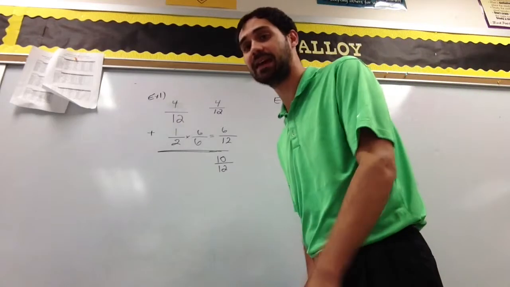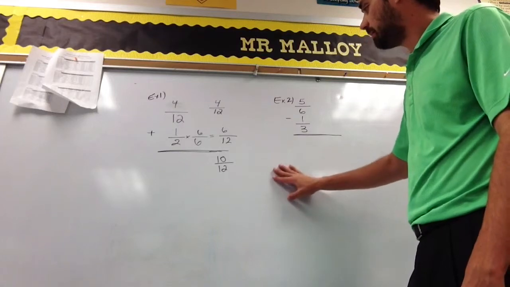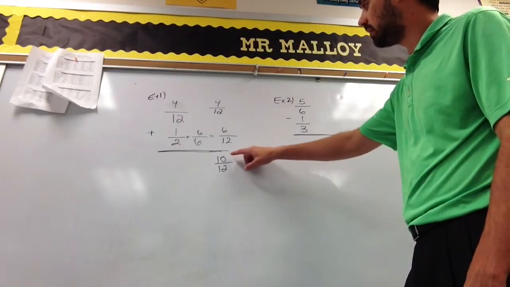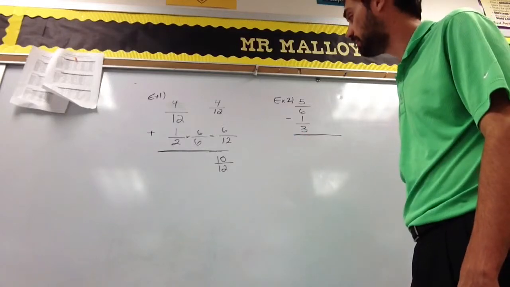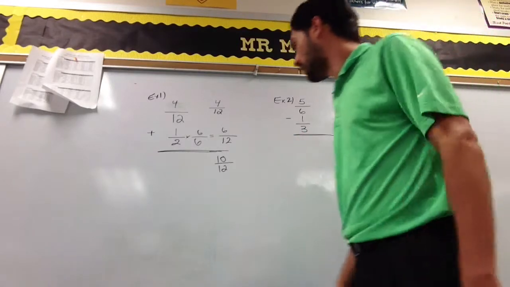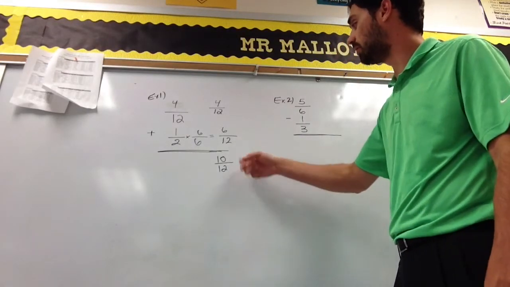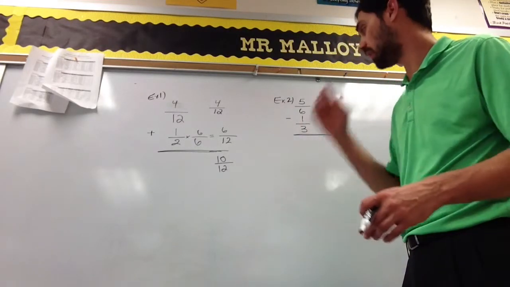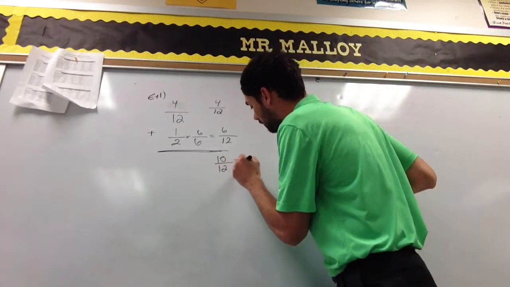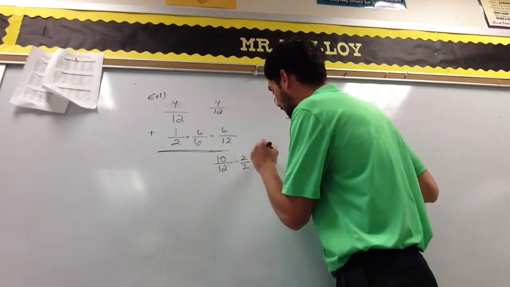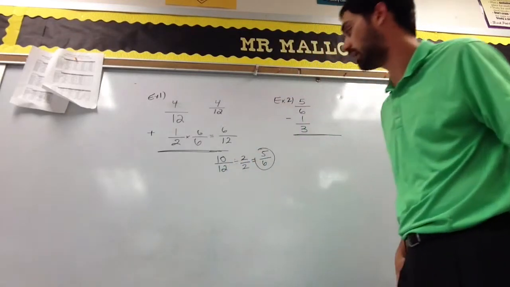Okay, you kind of have to analyze your answer to determine, okay, is there a number that goes into both 10 and 12 that I can divide out? Well, one of the rules I do tell the kids, well, what number can always be divided out of 2 even numbers? Well, since I have 2 even numbers, I can always divide out 2 over 2. So 5/6 would be my answer.